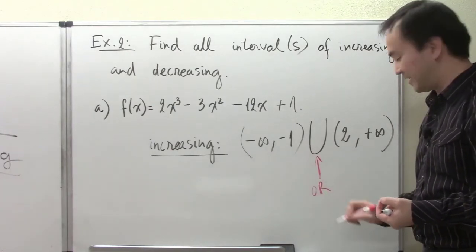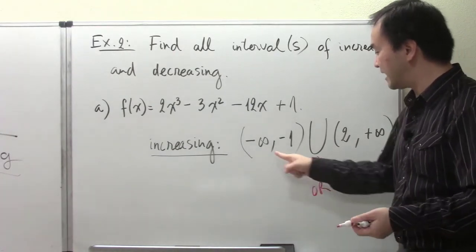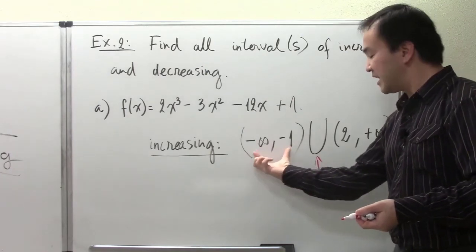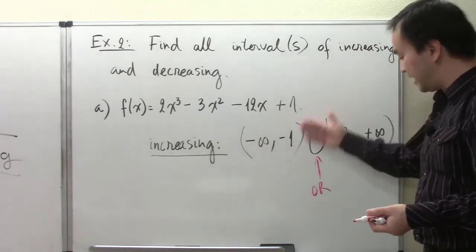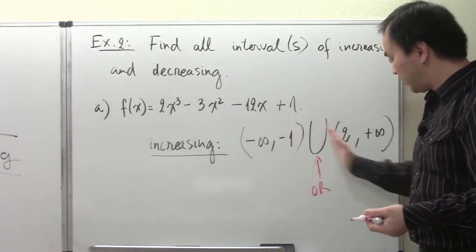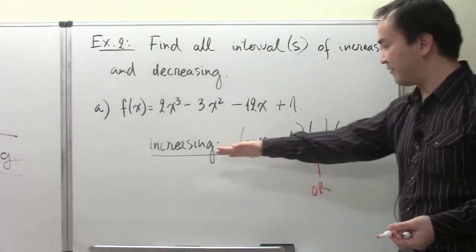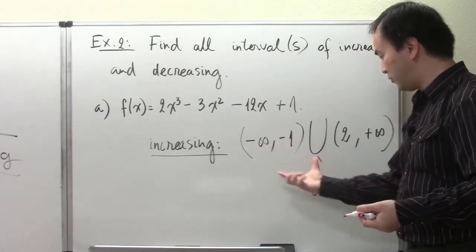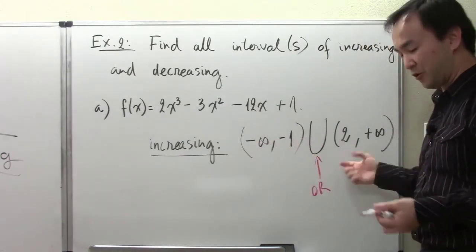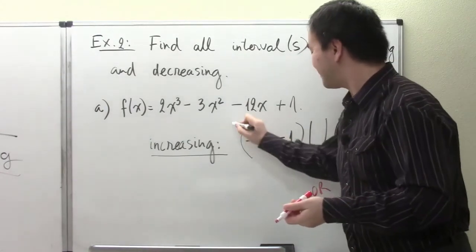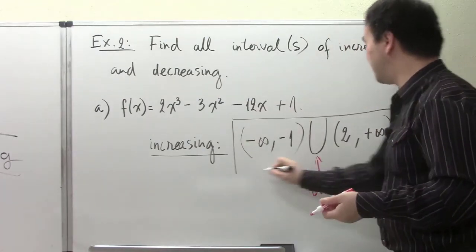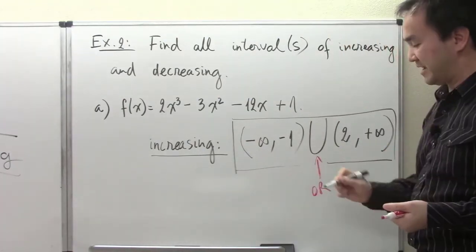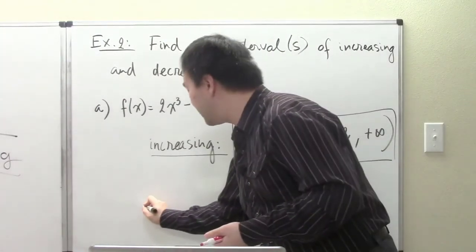That means if we are looking at x values either in this interval or the other interval, then we are having our function being increasing. We have two intervals: this interval or the other interval. So we found two intervals for increasing of our function, and so now for decreasing.